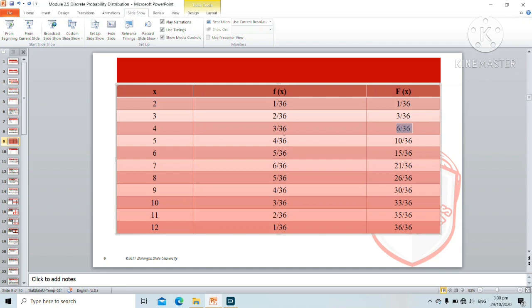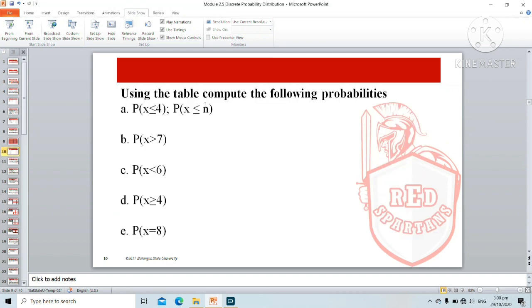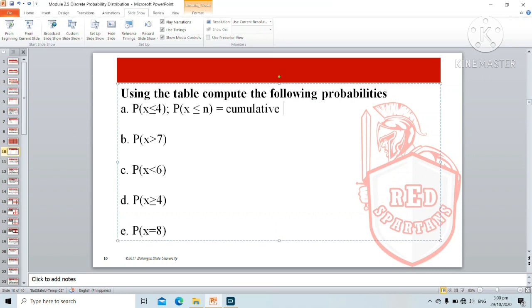Kaya kailangan natin i-derive yung formula. So yun, kapag ang sign natin is less than or equal, ang value niya ay yung kanyang katapat or yung cumulative. Ang formula natin ay yan. Kapag x is less than or equal to n, siya ay cumulative value, yung katapat ng specific n.